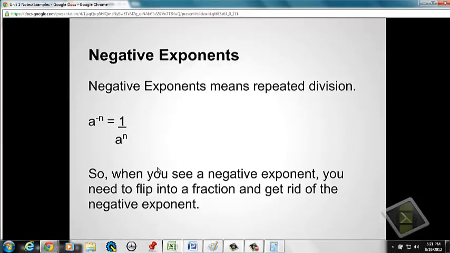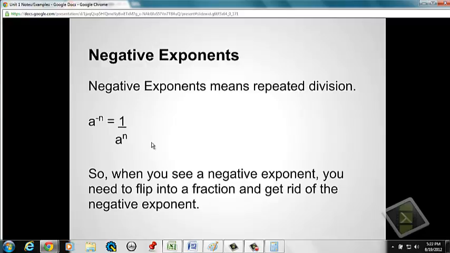Next thing we're going to talk about is these negative exponents. Really means repeated division. Actual exponents are repeated multiplication. What we have here, our example, just our algebra look, a to the negative nth power is equal to 1 over a to the n power.